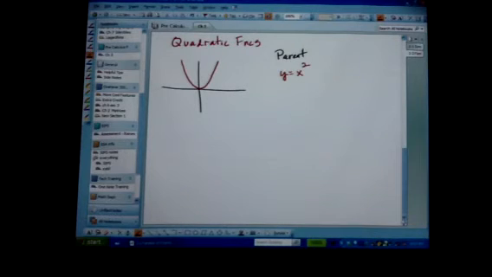The parent equation in these families is always the simplest equation of all. So y equals x squared is the parent of the quadratic family. It's got the x squared, which it has to have if it's going to be in the quadratic family.